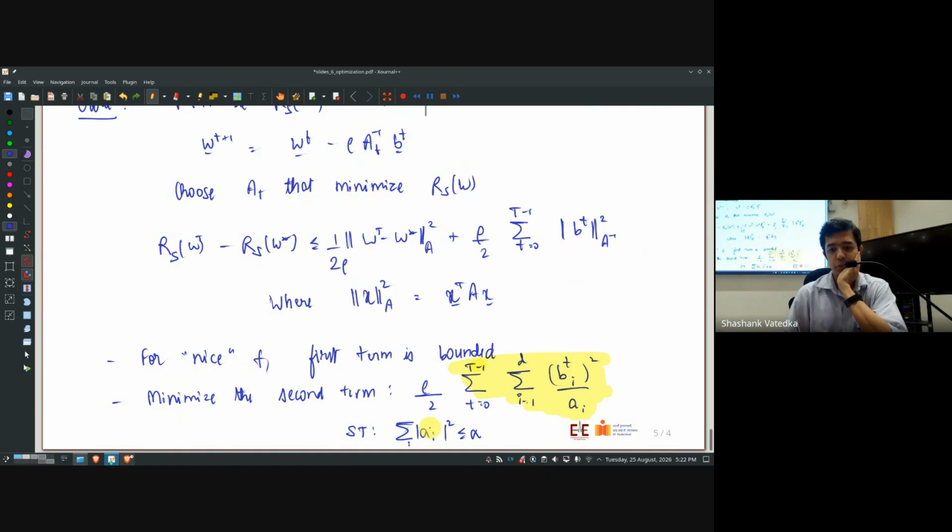So I think this should be 1 over a_i square less than or equal to alpha. Yeah, just a_i square should be less than or equal to alpha. Okay.